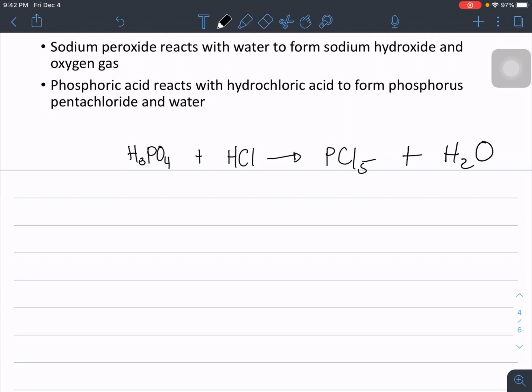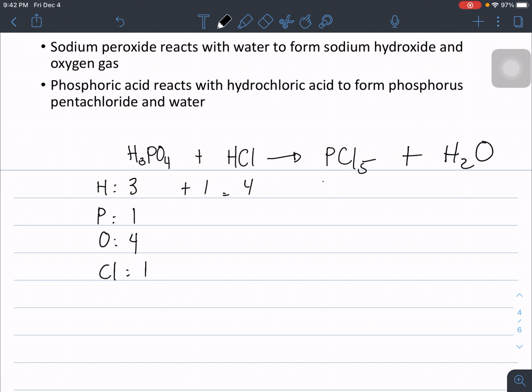Okay, so this will be hydrogen. We have 3 plus 1, which is 4. Phosphorus, we have 1. Oxygen, we have 4. And Cl, we have 1.